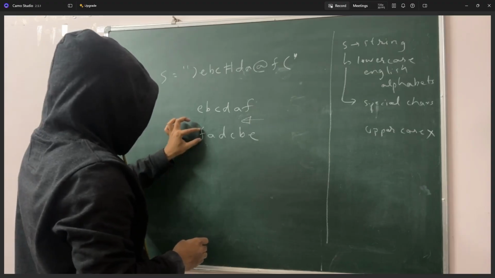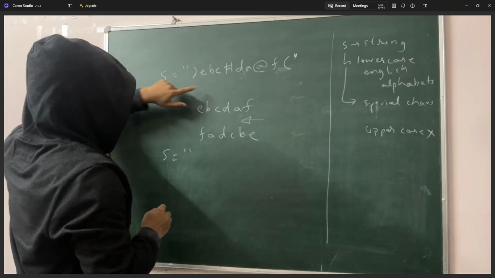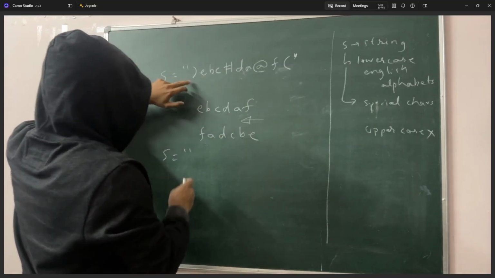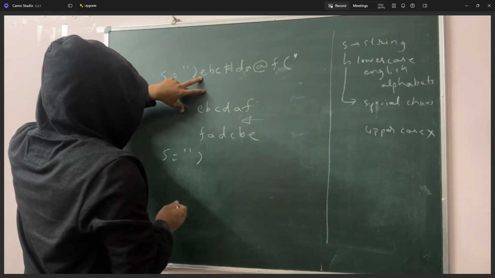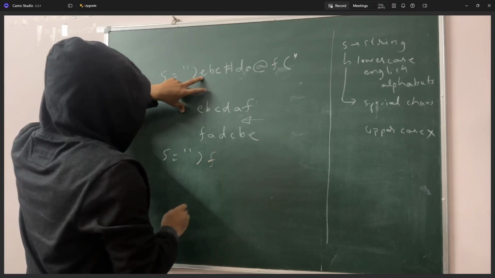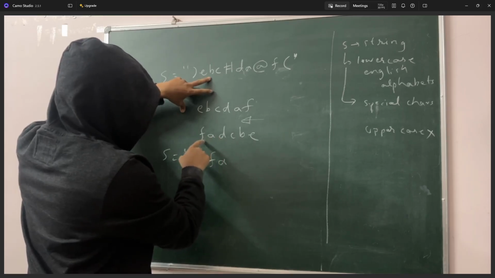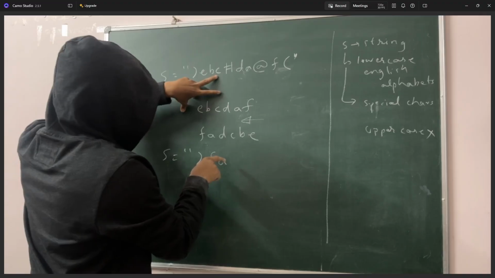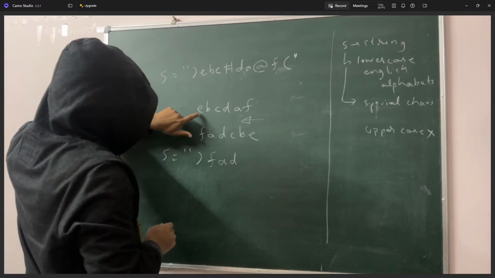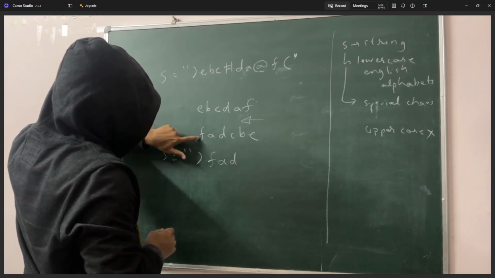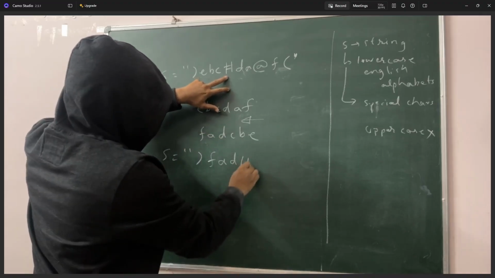Now you need to put this back into the original string. Wherever you have lowercase letters, you put them in this order. The special character remains unchanged. Here we have a lowercase letter, so F goes here. Here we have a lowercase letter, so A goes. Basically I'm taking characters one by one from this string. Here we have C, so on the third position we have D. So E is replaced with F, B with A, C with D, and then we have hash as it is.